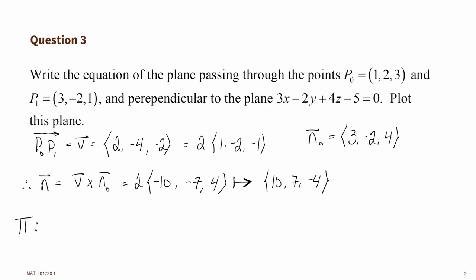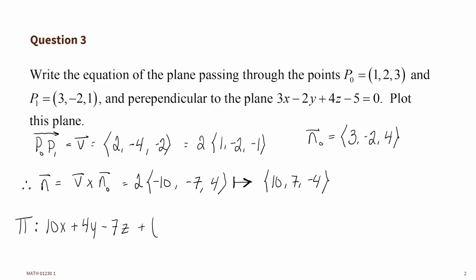Then our plane: 10x plus 4y minus 7z plus D, where D is negative A times the x-coordinate of one of the 2 points.